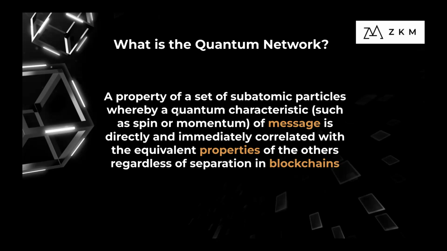So now we have a quantum characteristic of a message that is directly and immediately correlated with the equivalent properties of the others, regardless of the separation in blockchains. And we can do this through message passing, relaying a message that has specific properties to that kind of blockchain. It doesn't matter how separated or how incompatible these blockchains are.